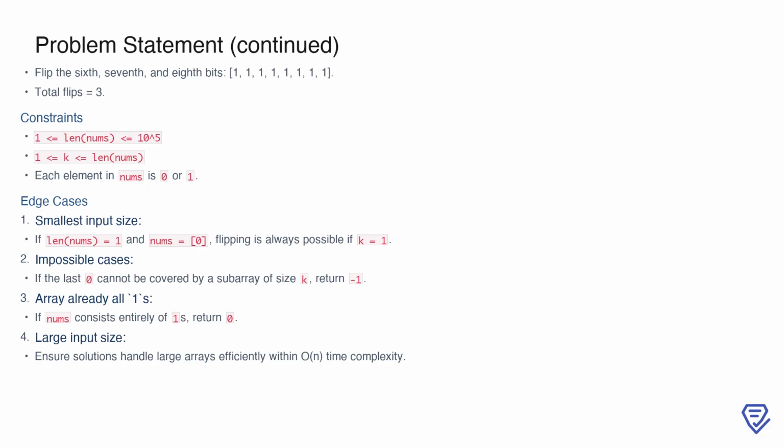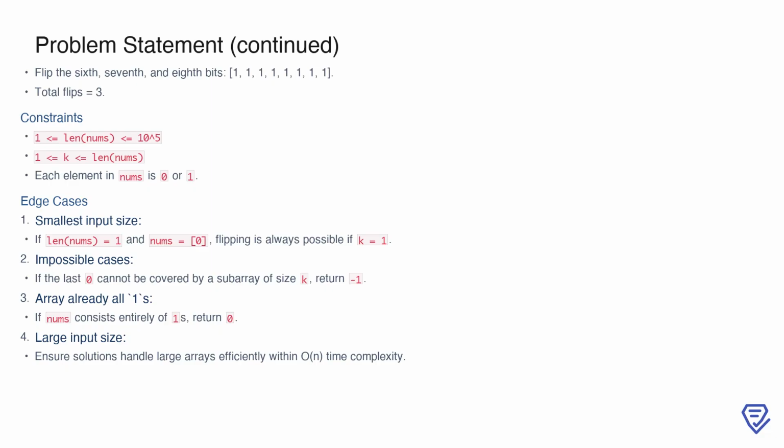If nums equals [0] and k equals 1, flipping is always possible, and the output is 1. In cases where the last 0 cannot be covered by a subarray of size k, the output should be -1. If the array already consists entirely of 1s, the output is 0 since no flips are needed. Finally, for large input sizes, solutions must be efficient, ideally operating in O(n) time complexity to handle arrays with up to 100,000 elements.